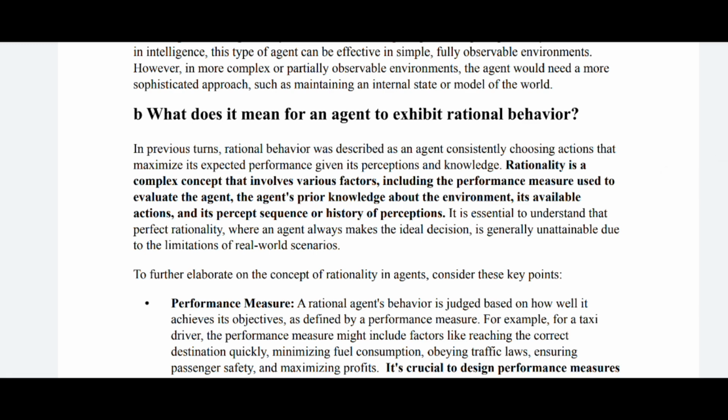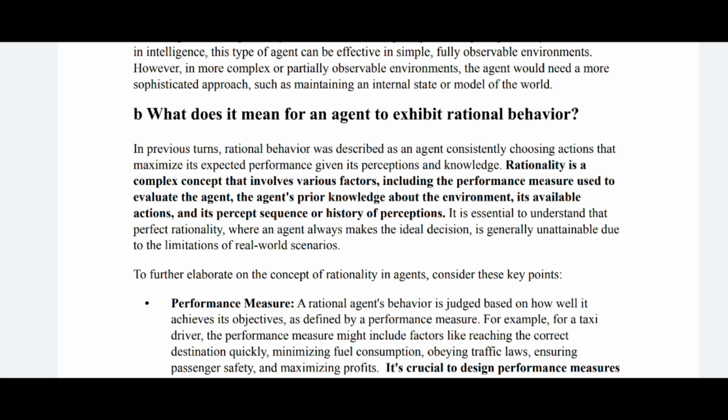In previous terms, rational behavior was described as an agent consistently choosing actions that maximize its expected performance given its perception and knowledge.